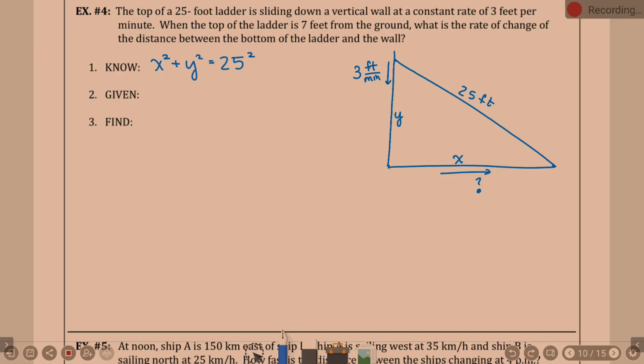So if it's a change in side y, I'm going to call that dy/dt. Now, what's the other thing? It is sliding down the wall, which means it is a negative 3 feet per minute.